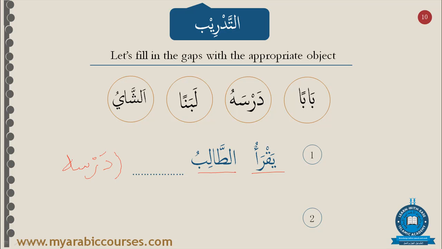Is not reading tea. الشاي means tea. لبنا means milk. درسه means his lesson. Then baba means a door. So the answer is lesson. يقرأ الطالب درسه. The student is reading his lesson.